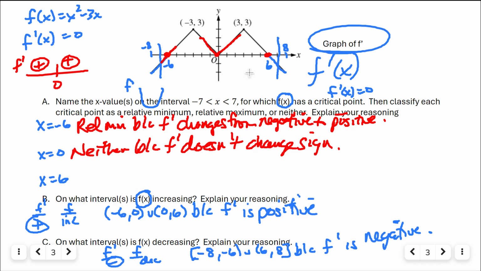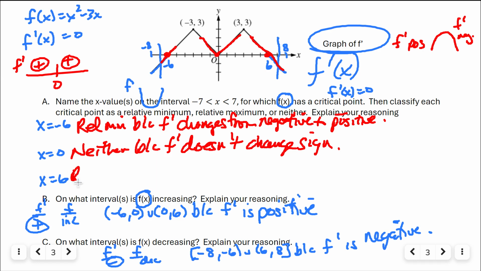What about at x equals 6? Well, before it, f prime is positive, then it switches and becomes negative. If f prime is positive, that means f is increasing. Then f prime is negative. That means f is decreasing.